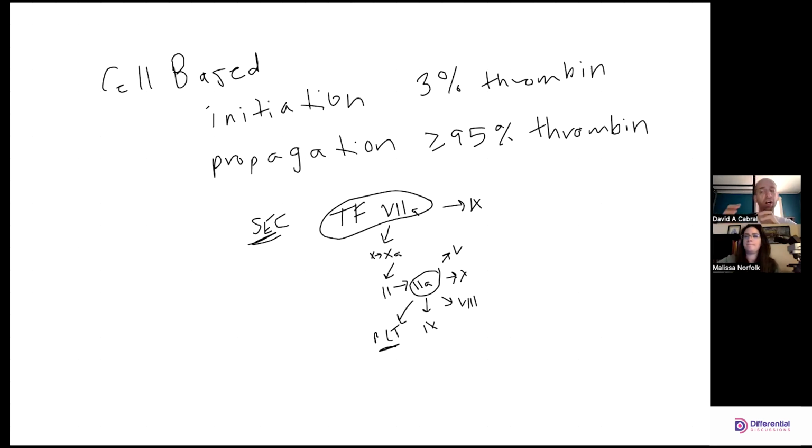We have those phospholipids to interact with, combined with factor 5, so 5 and 10 to form the prothrombinase, factor 8, 9 to form the 10-ase complex. Those now activate their respective targets, 10 and 2, at crazy high magnitudes, like thousands, tens of thousands of times faster. And so now the dimmer switch is getting cranked, right? And that's when we get actual coag.